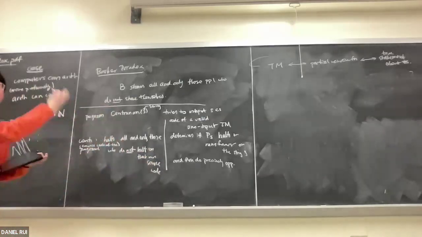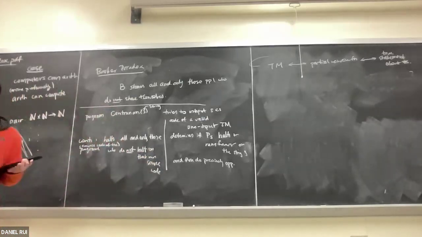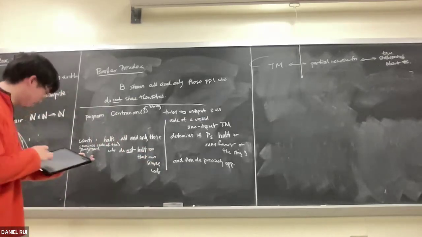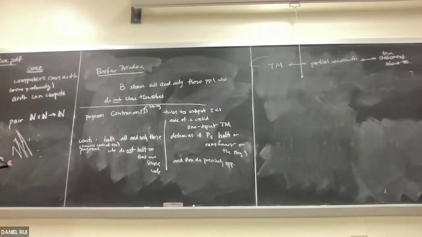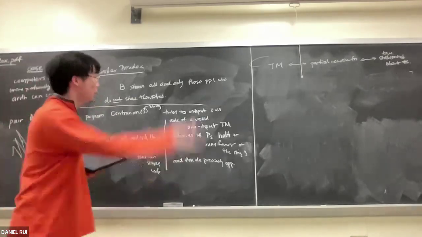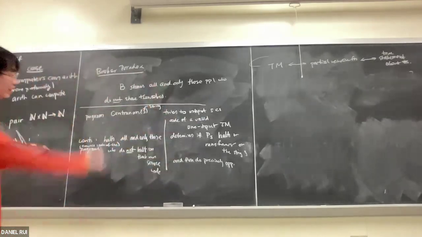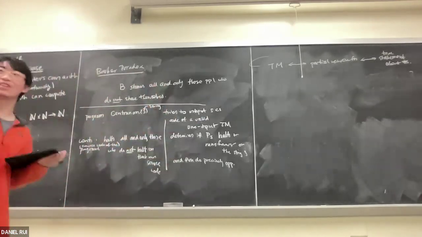So hopefully you see that these two paradoxes are isomorphic. So what is the takeaway? The takeaway of the Barber paradox is that the Barber cannot exist. The takeaway of this paradox is that the contrarian cannot exist.